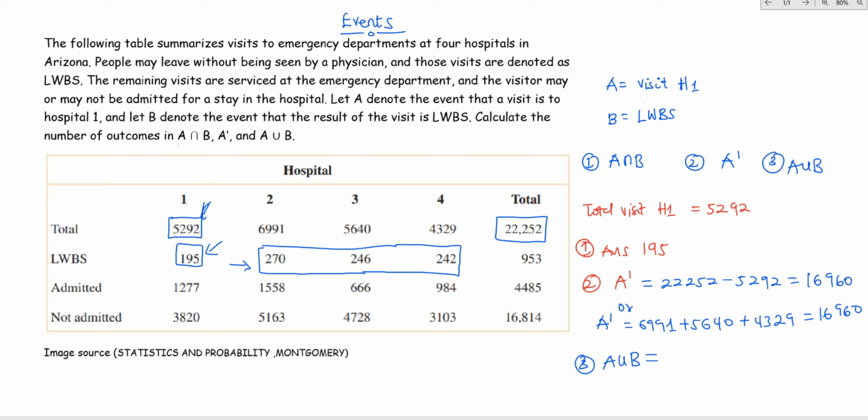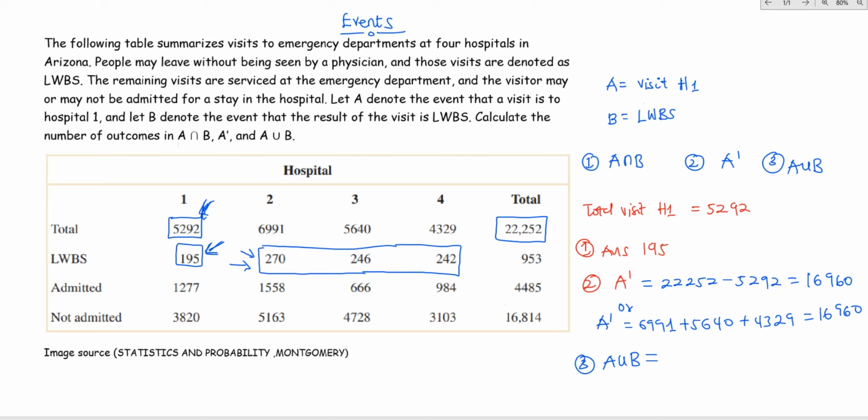So you are looking at the union of the people that visited hospital one and the people that were not attended to at all. For hospital one, 195 people were not attended to, so you will not have to include it if you are considering the total number of people in hospital one in addition to the people not attended to in the other hospitals. But if you want to include this value, then you have to subtract the 195 from the 5,292.